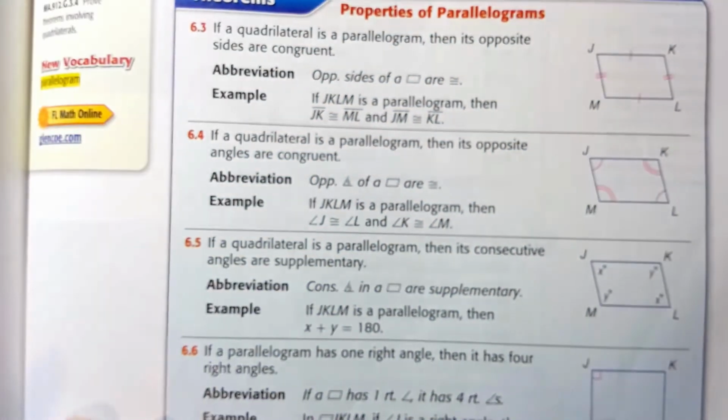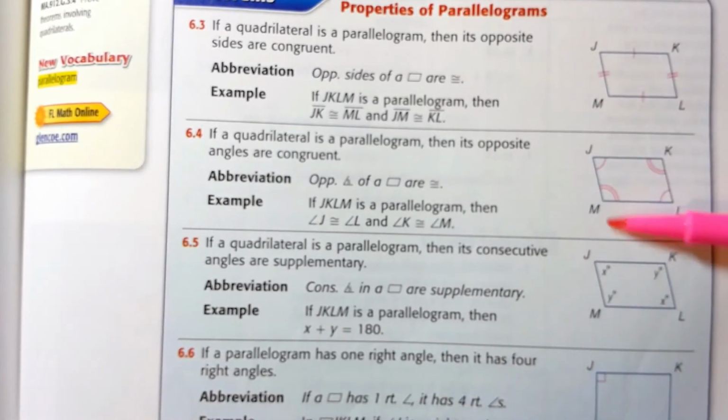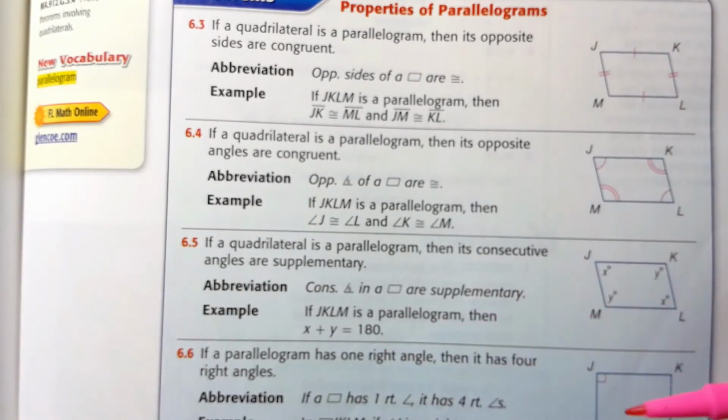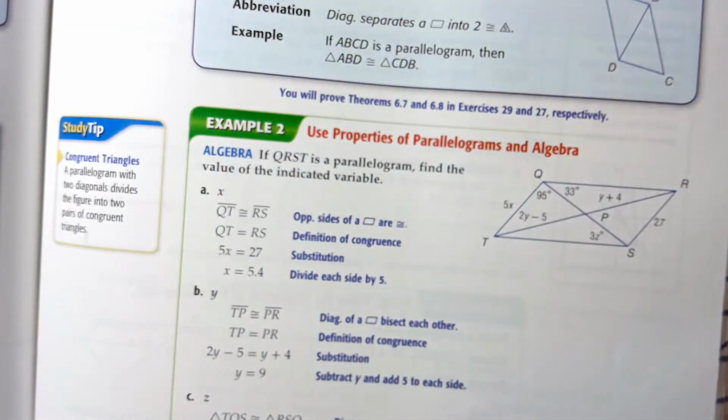This book just never fits on anything, does it? Okay, so there's this on page 399. Everything that I just said is listed here, okay? And by the way, if a parallelogram has one right angle, it has four, because this is a rectangle, and rectangles are parallelograms, okay? They fall under that category. So everything I just went over is there on page 399.